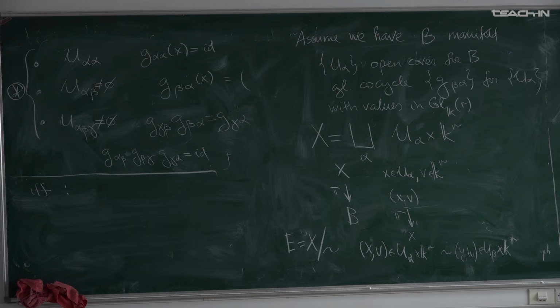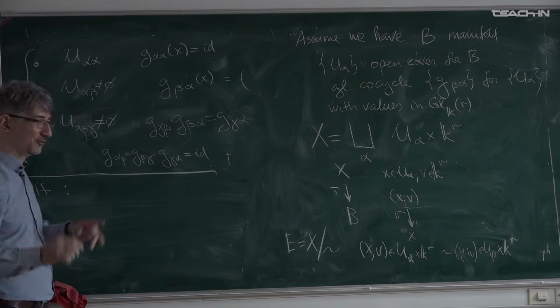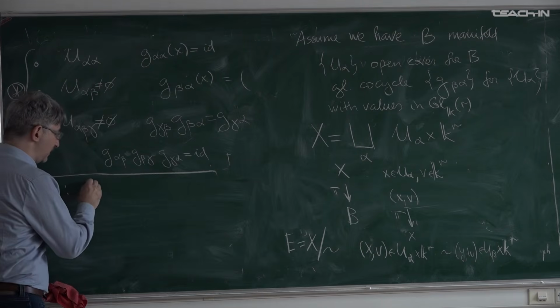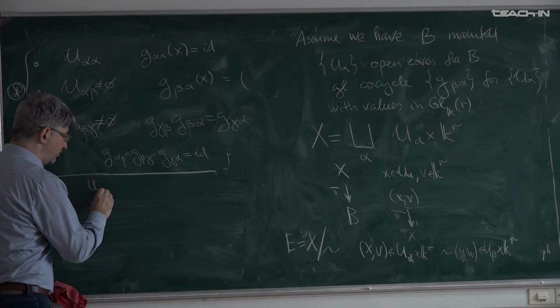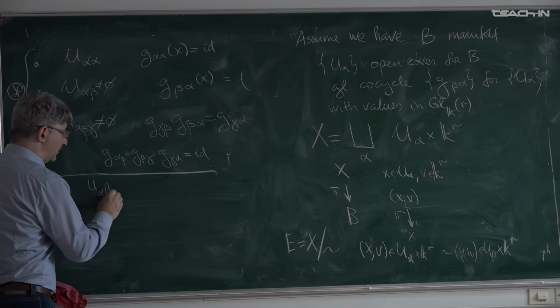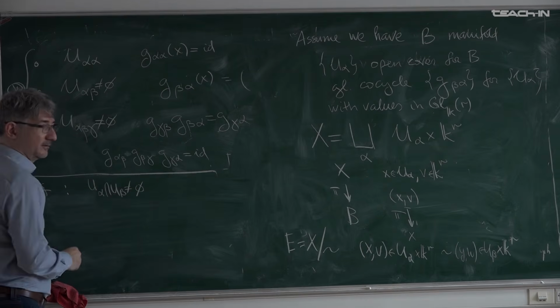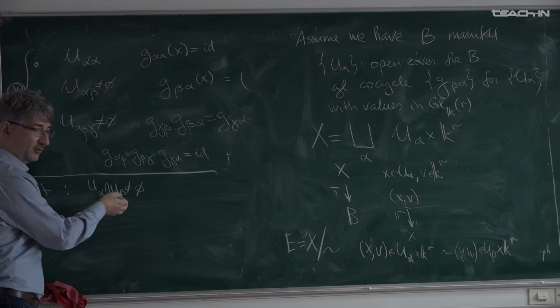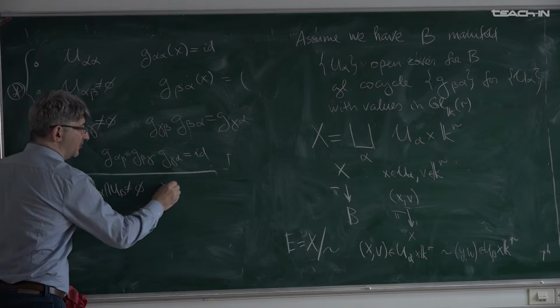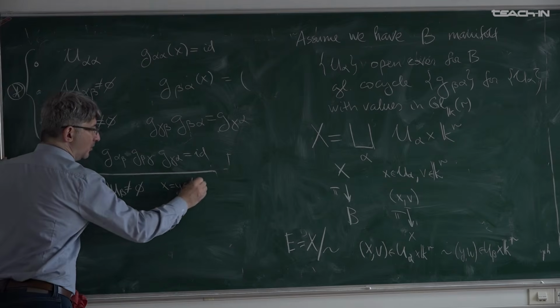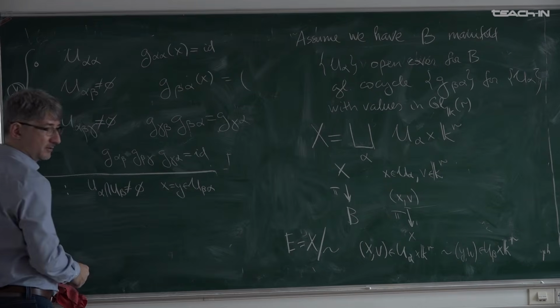The first, x equals y. Very good, both of you told the truth. We need to know that alpha and beta intersect in a non-empty way, and x is equal to y, and they belong to this intersection.